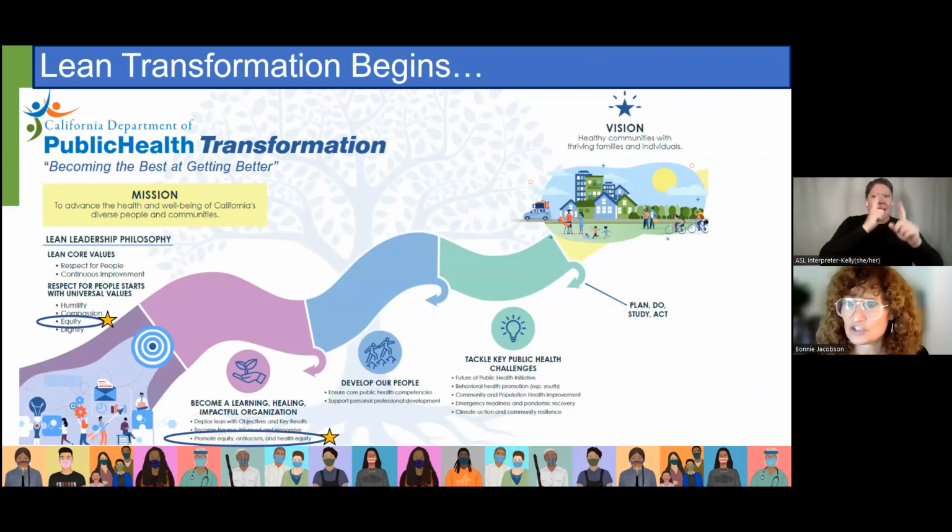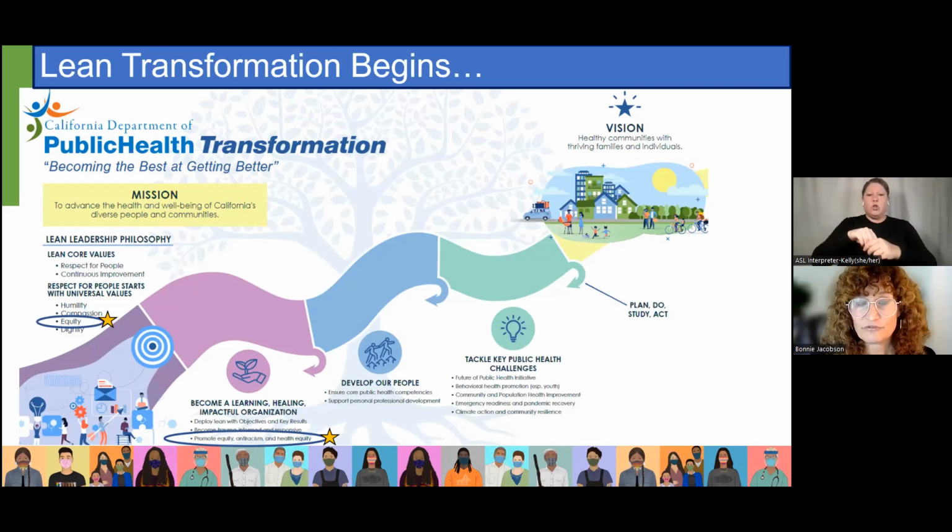And you'll see some additional graphics and communication devices that are developed to make that very clear to the people who work at CDPH. You'll also notice that the map demonstrates a bit of a path, and there are some key milestones on the path. Becoming a learning organization, that's the lean transformation, developing our people, tackling public health challenges. And you'll see that woven into that is the mention of equity in a couple of places.